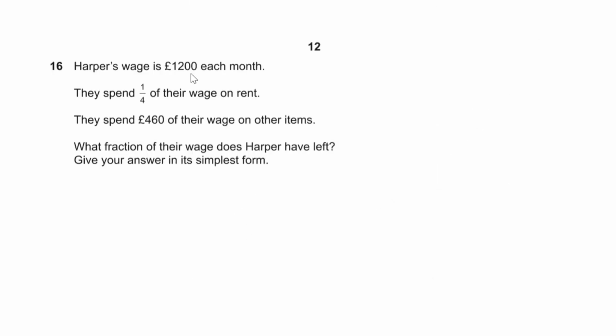Question number 16. Harper's wage is £1,200 each month. They spend 1/4 of their wage on rent. They spend £460 of their wage on other items. What fraction of their wage does Harper have left? Give your answer in its simplest form.